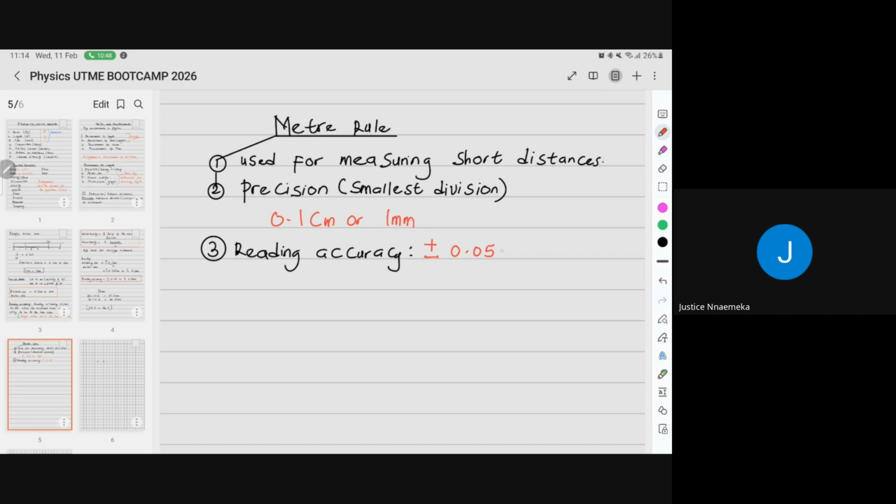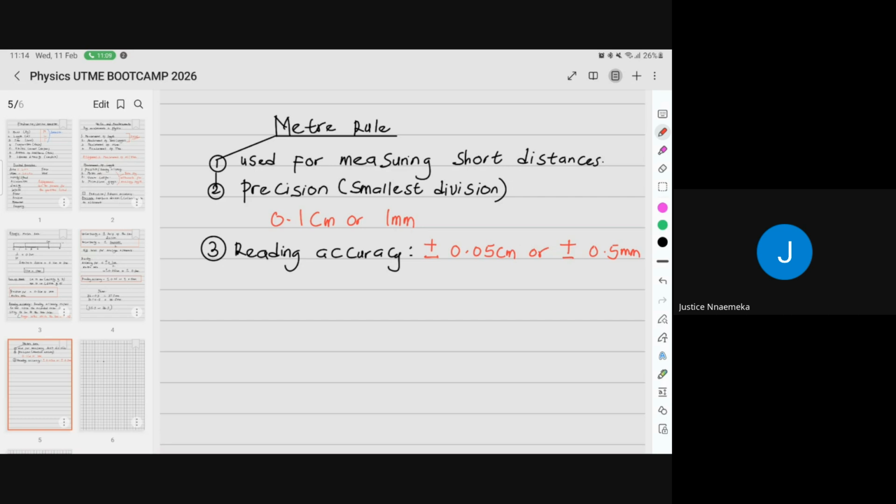Am I correct? Is that it? Yes, it is. Or plus or minus 0.5 millimeter. So just remember one of them so you don't get confused. For me, I like remembering millimeter. 1 millimeter. Do you understand?